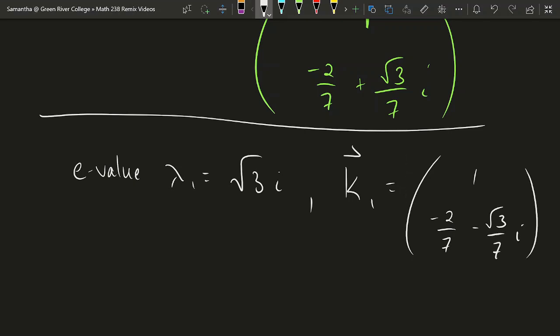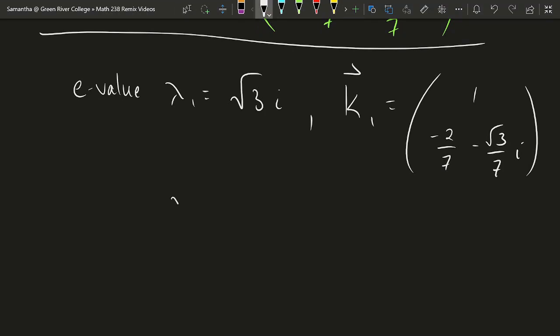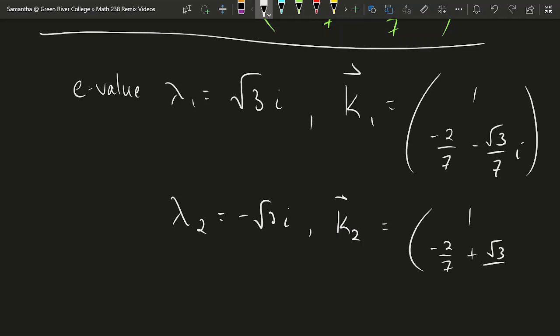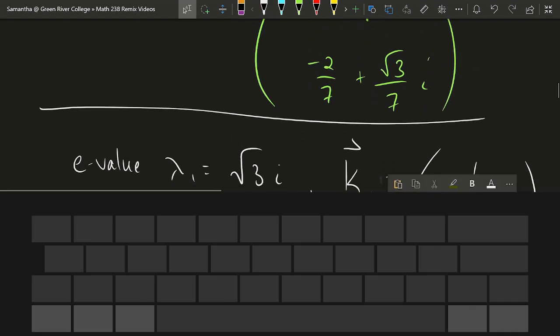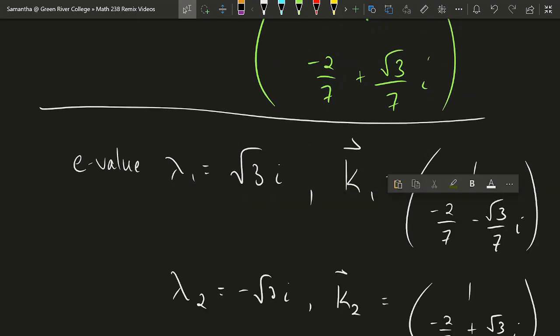And then we just found that corresponding to lambda 2, the second eigenvector was almost exactly the same. The only difference was that this time the second component had a plus sign between the negative 2 over 7 and the √3 over 7.